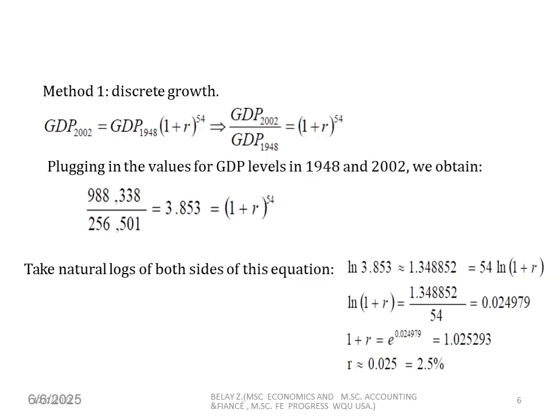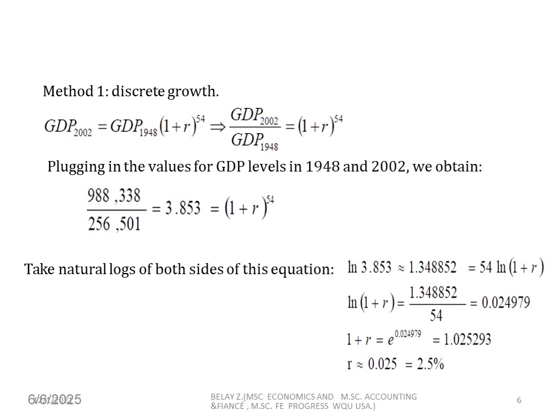Taking the natural log of both sides of this equation, ln 3.853 equals 1.348852, which equals 54 times ln of 1 plus r. Then ln of 1 plus r is equal to 1.3485 over 54. We make the division and then it becomes 0.024974.